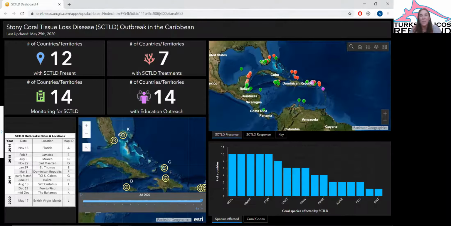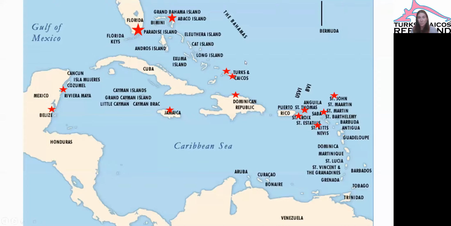Another great thing about this dashboard is that it gives you a lot of information as to what's happening around as well. I'm just going to pop right back to our presentation here, which has a much less sophisticated version of that map and just shows where to date SCTLD has been observed.